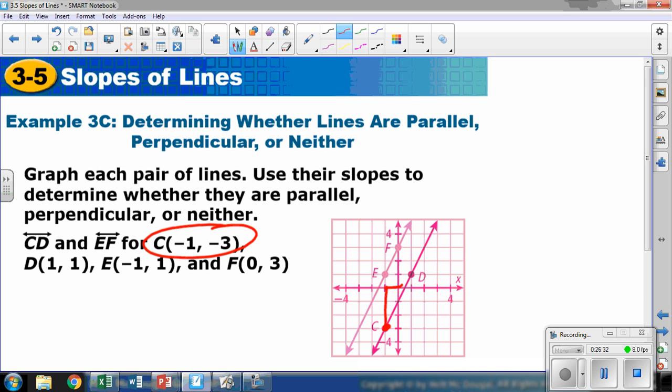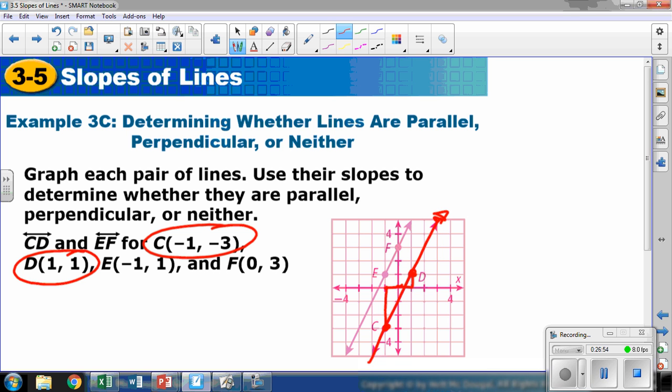The point D, (1, 1), tells us right 1, up 1, so right 1, up 1 gets us to point D. What I was seeing is that when people were plotting their points, they didn't immediately connect these lines. I recommend that you do. Now that we've got our two points, we connect them to actually draw.